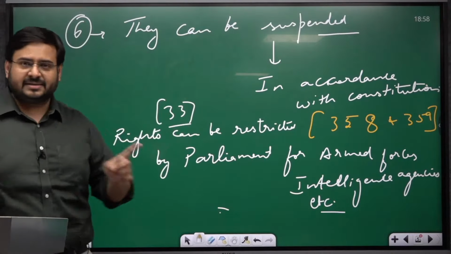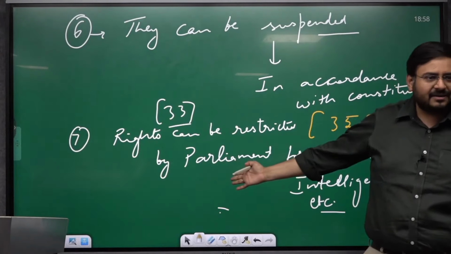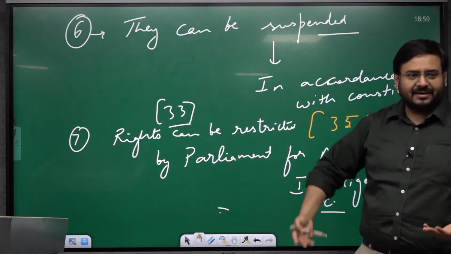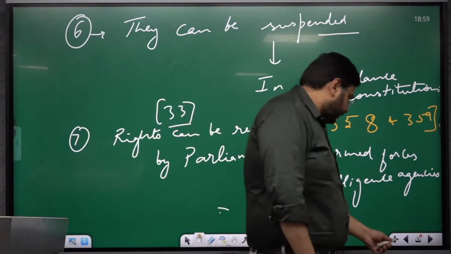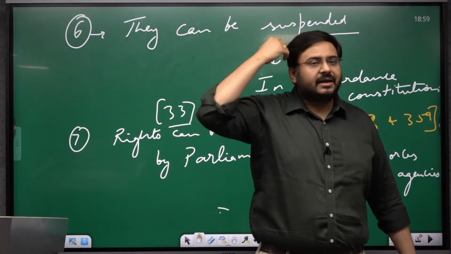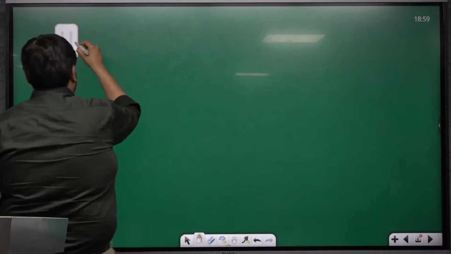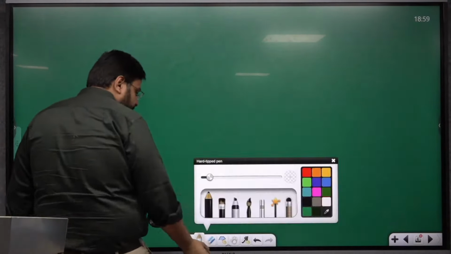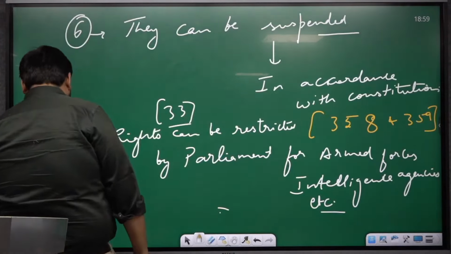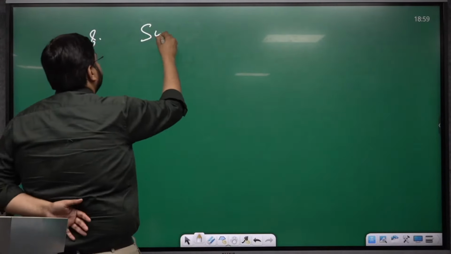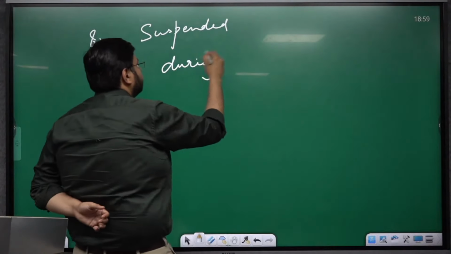So, Article 33 is a fundamental right? No. It is a limitation on fundamental right. Now, it is becoming a little clear. Now, this question may come. Previously, we used to say when we were teaching that this question will never come. But now this may come. That these rights can be suspended during martial law.